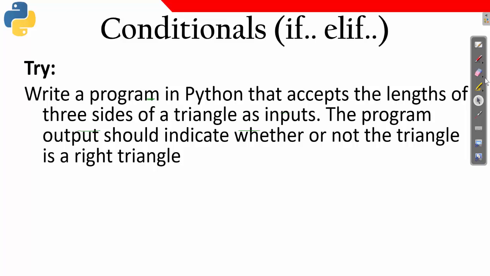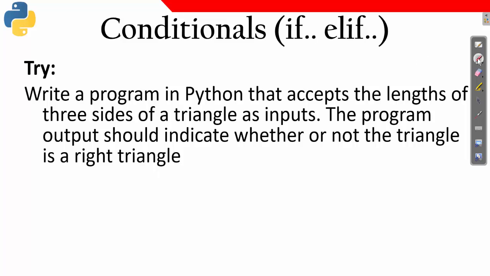Can you try it? What is the program? You are giving the length of three sides, and what is required is that the output should indicate whether the triangle is a right angle triangle or not.